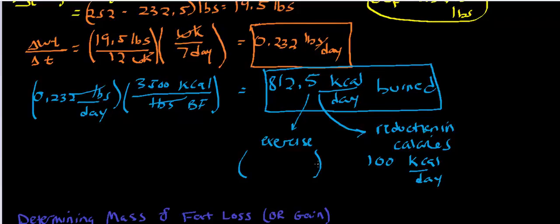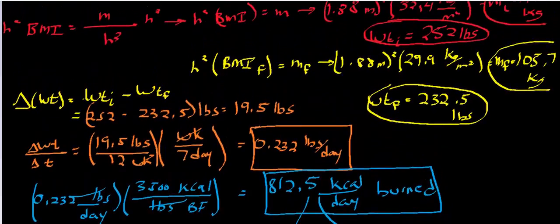Well, all I'm going to do is take that 812.5 and subtract the 100, and ultimately this is the moment of truth, this person has to burn off 712.5 kcals per day, along with keeping up with dietary, losing 100 kcals per day, if this person expected to ultimately drop 19.5 pounds in 12 weeks.